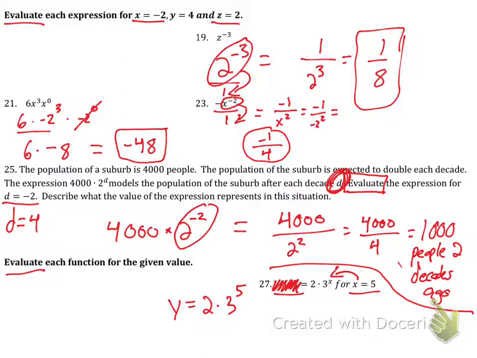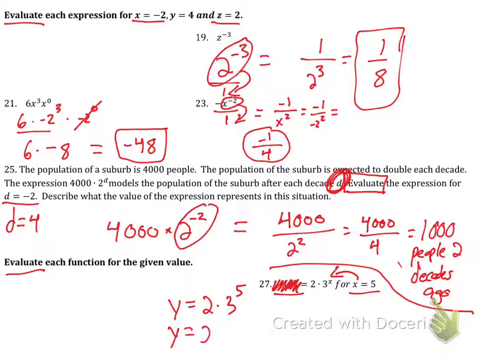Then we would just do 3 to the fifth, which I don't know off the top of my head. So 3 times 3 is 9 times 3. Yeah, that's too big for Mr. V. So I'm going to do it on my calculator. 3 to the fifth is equal to 243.